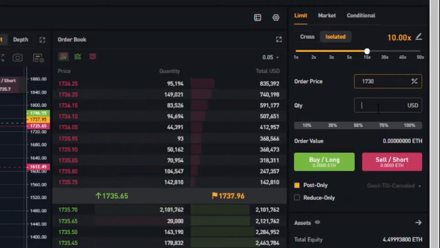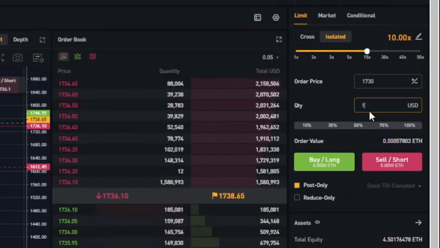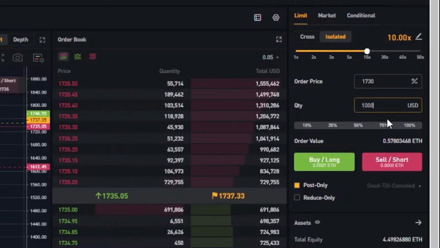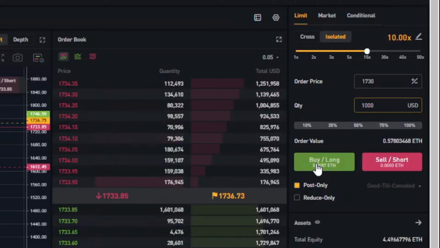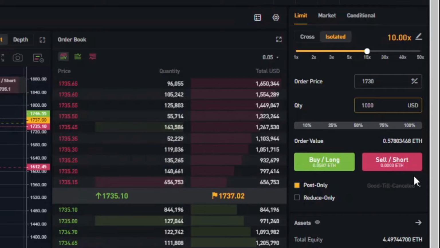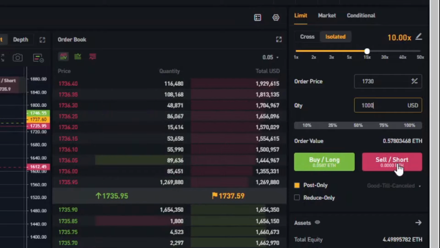That's the price of Ethereum that we want to buy at. We want to buy a contract that's $1,000 US, and again, all that means is our trade is $1,000, and we're using 10x leverage. So actually, the amount of money you're using for that trade is $100. Okay, so what you can do is simply press buy long, and it will put on the trade. I'm not going to do it because I don't want to do that particular trade. It's an example, but that's what you would do. If you want to short it, if you think it's going down, you can press sell short.